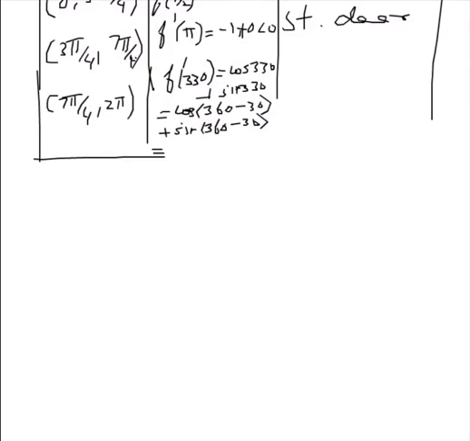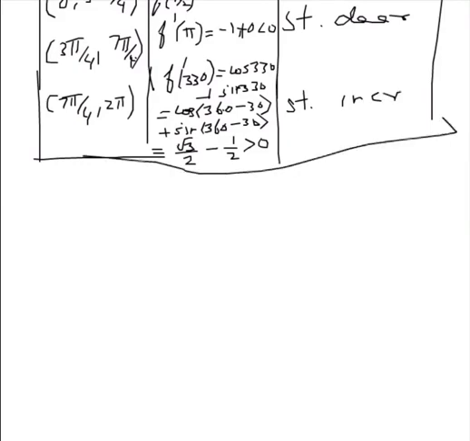This is a fourth quadrant angle, in the fourth quadrant cos is positive, so it becomes cos 30. Cos 30 is root 3 by 2, and sin is negative in the fourth quadrant, and sin 30 is half, so it increases. Root 3 is bigger than 1, so strictly increases.